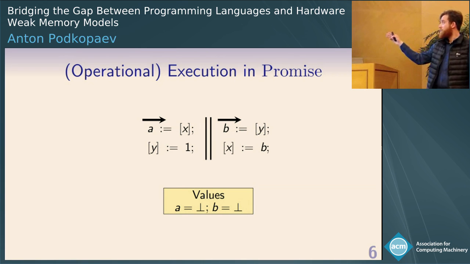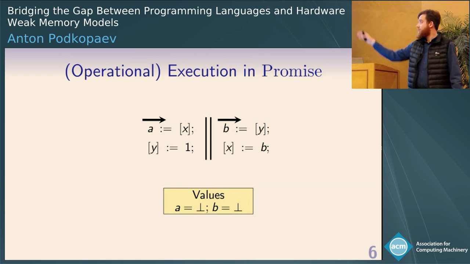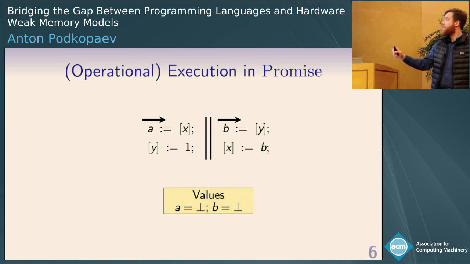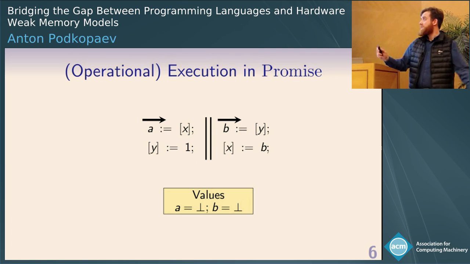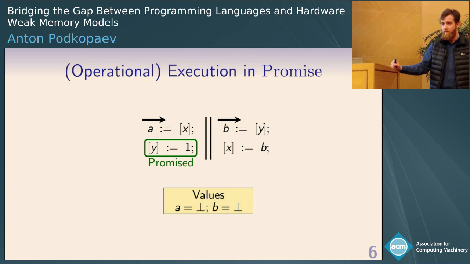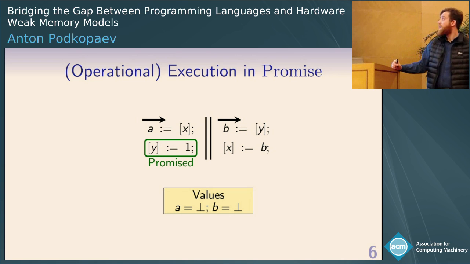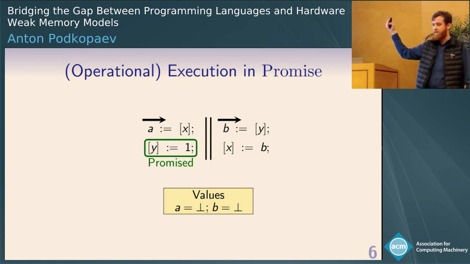So to get a weak behavior which ends with A equals B equals 1 for that program, the left thread should start with promising to write 1 to Y. After that, the right thread may read from this promise. So this is somehow a mechanism for out-of-order execution of writes in promising semantics.